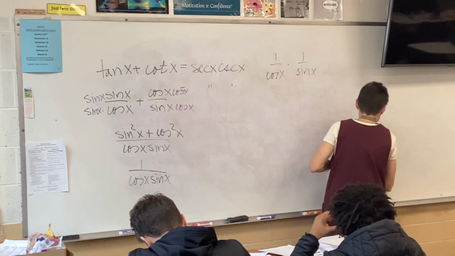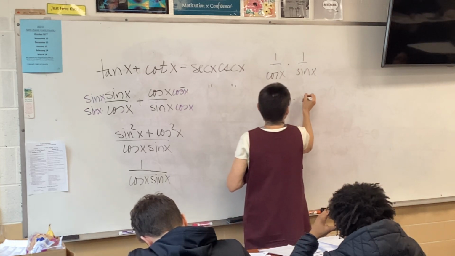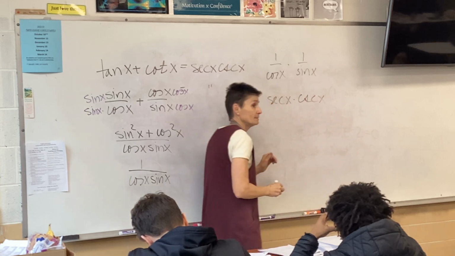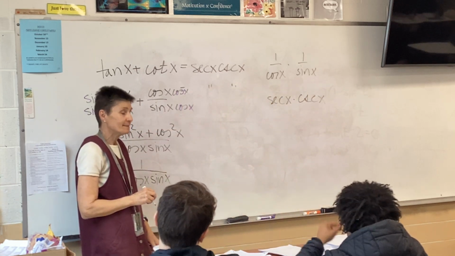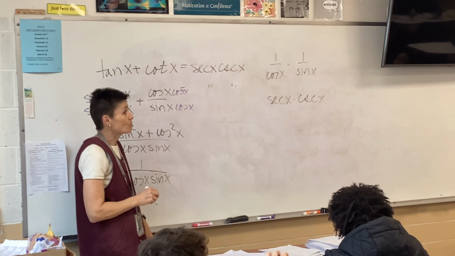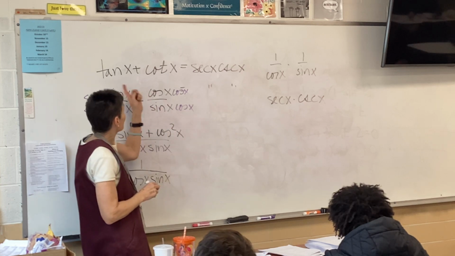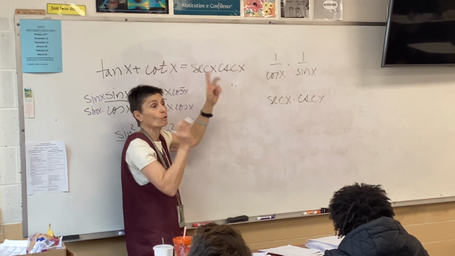Because I want to end up with secant times cosecant. And did I? Yeah, I did, and that was my objective. My objective was to show that this side could be transformed into this side or vice versa.